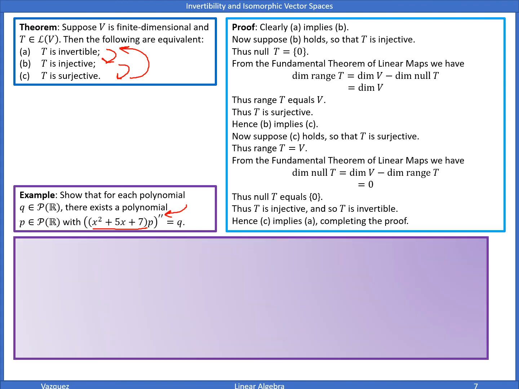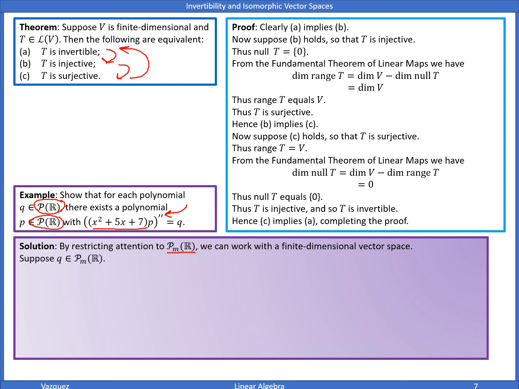So let's look over our solution. How do we do this? We're going to restrict our attention to the polynomials with degree at most m, right? Because these vector spaces are infinite dimensional, so we're restricting to finite dimensional.